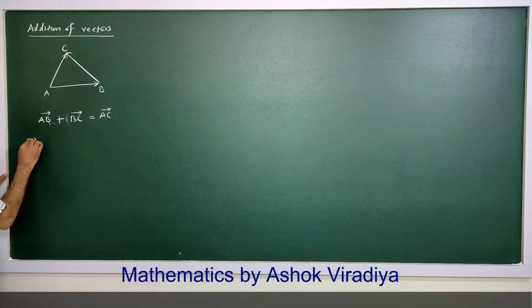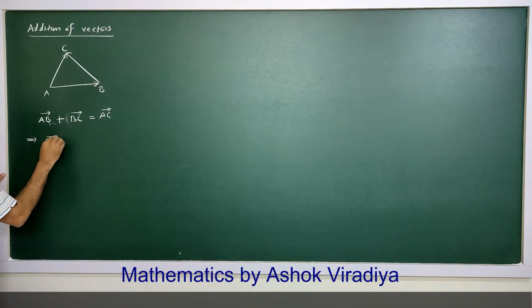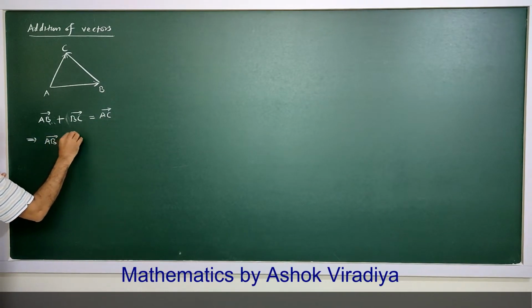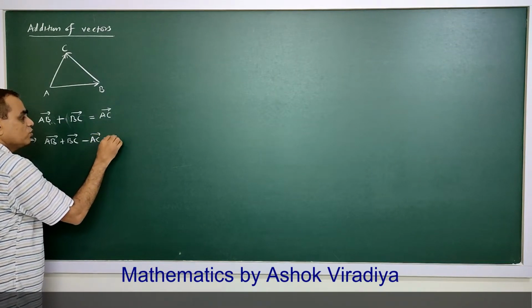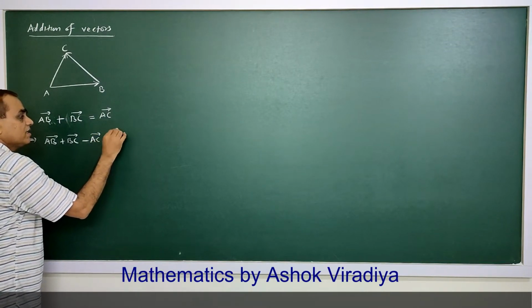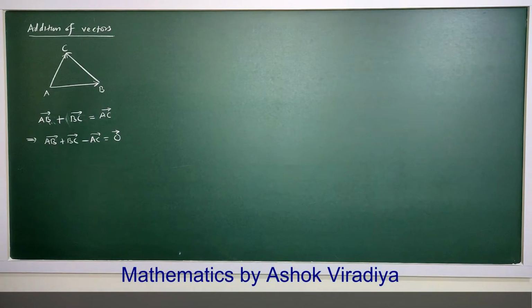This can be written as AB plus BC minus AC is equal to 0 vector. If nothing is left, that means 0 vector. We don't keep only 0 because these are vectors, not real numbers.